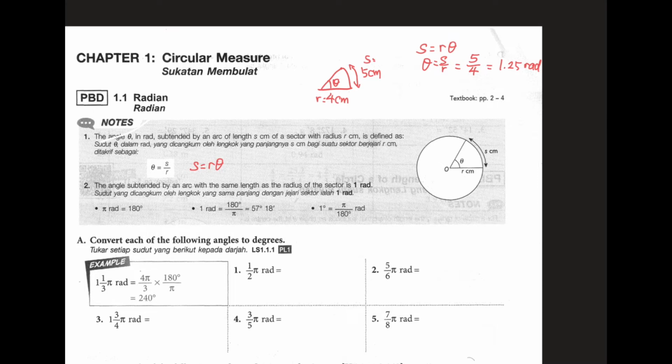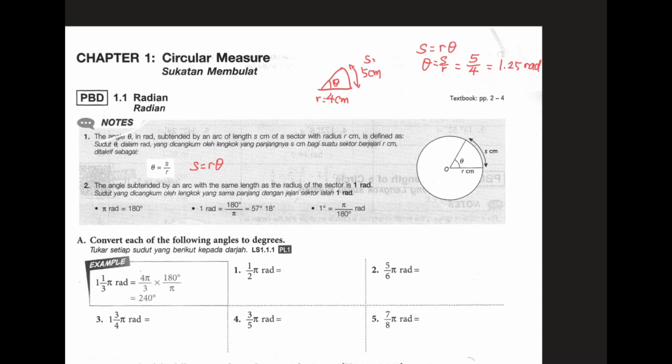Okay, so how big is radian? Let's take a look at the information here. The angle subtended by an arc with the same length as the radius of the sector is 1 radian. So what they're trying to say is, if the arc and the radius are the same length, then it is 1 radian.